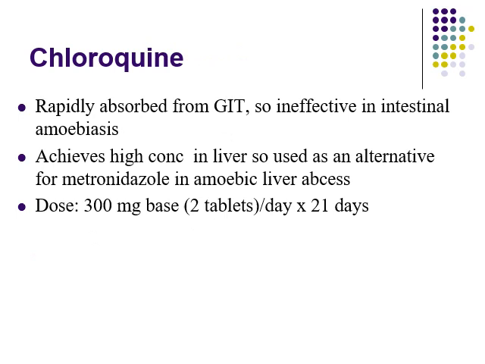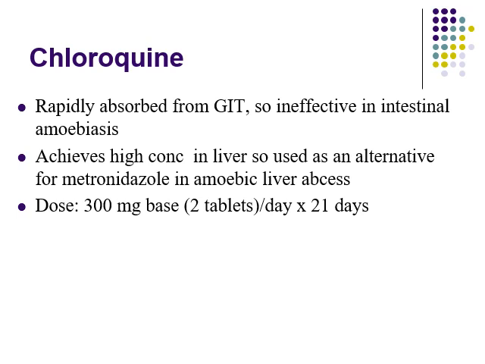Chloroquine, it is an anti-malarial drug, and it is also useful in the treatment of amoebiasis, but it is effective only in amoebic liver abscess. It is rapidly absorbed from the GI and rapidly distributed to the tissues, so it is practically ineffective in the treatment of amoebic colitis.